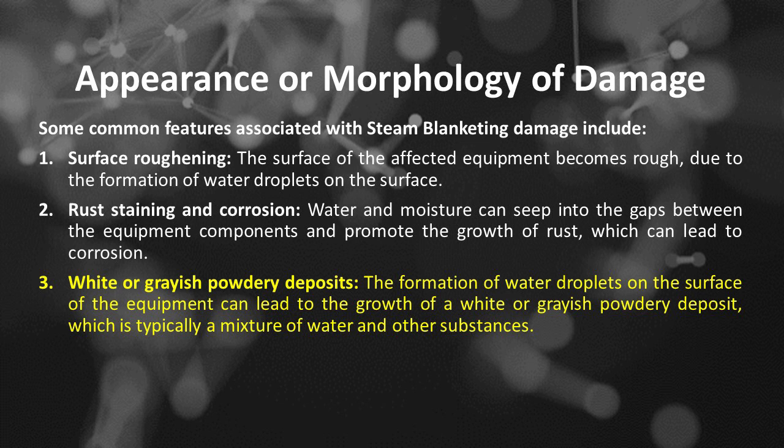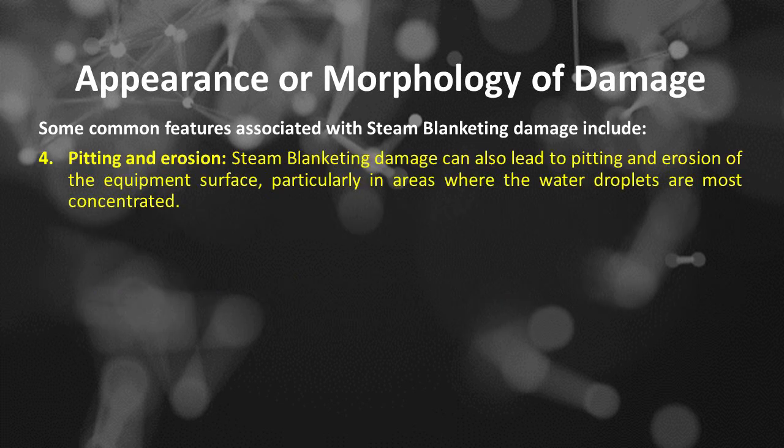Number 3 is white or grayish powdery deposits. The formation of water droplets on the surface of the equipment can lead to the growth of a white or grayish powdery deposit, which is typically a mixture of water and other substances. Number 4 is pitting and erosion. Steam blanketing damage can also lead to pitting and erosion of the equipment surface, particularly in areas where the water droplets are most concentrated.